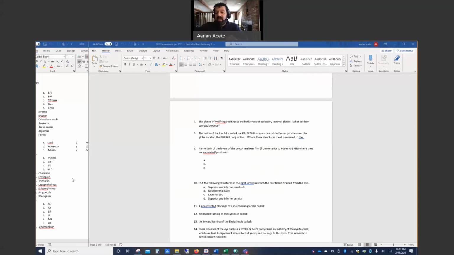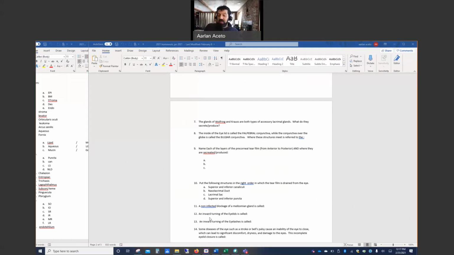And the chalazion can be different glands that are blocked up. The hordeolums, rather, can be blocked up, and you can have front, you can have back. But again, the biggest thing you'll ever see is just look at non-infected versus infected for my purposes. Chalazion, non-infected blockage, hordeolum, more of an infection of the gland. So 11, I was looking for chalazion.